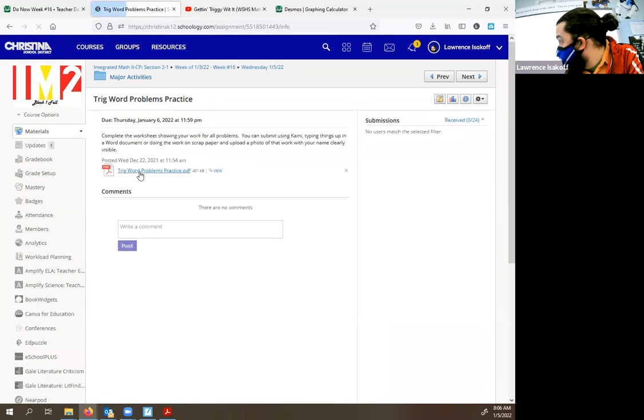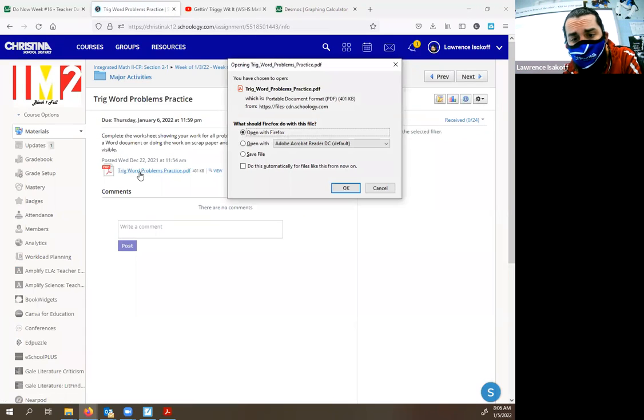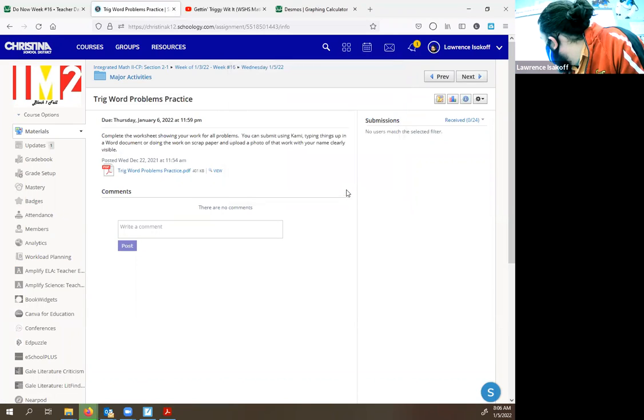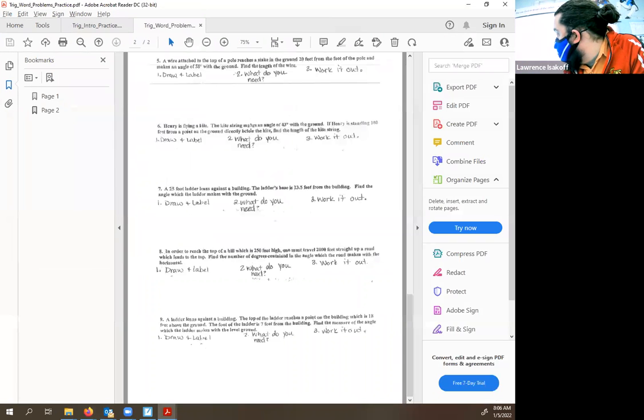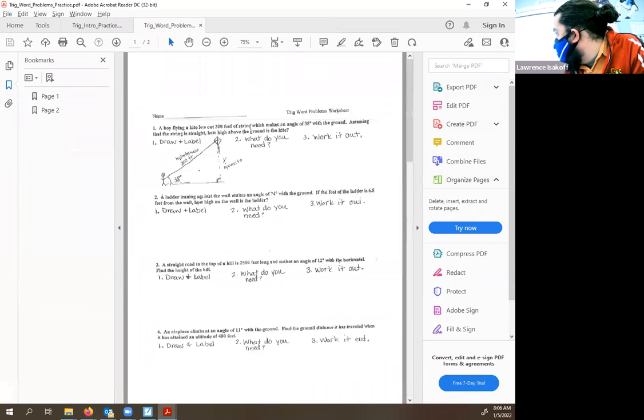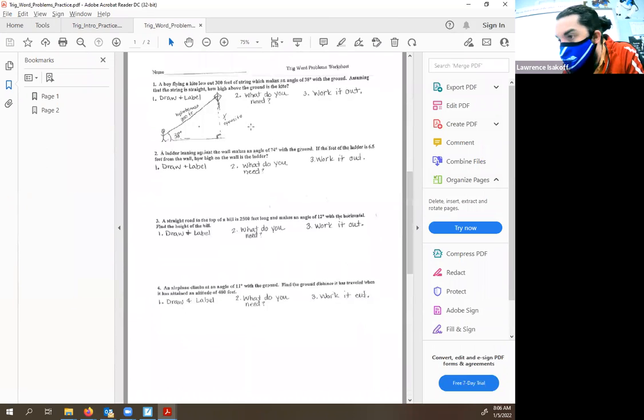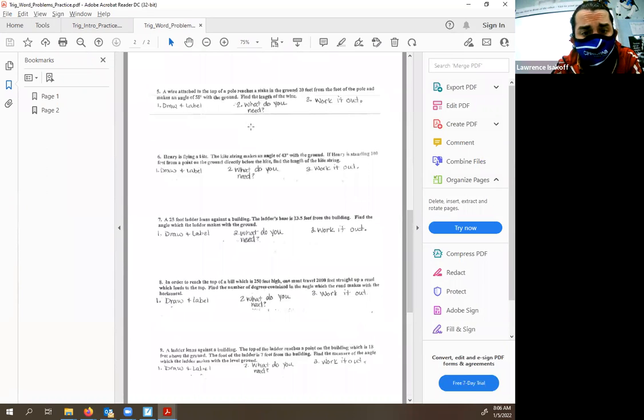The work is just a PDF with a few of these different word problems. So we got 9 word problems to try. I need you just to give your best on them. If you have questions or need help with them, I'm right here to support you.